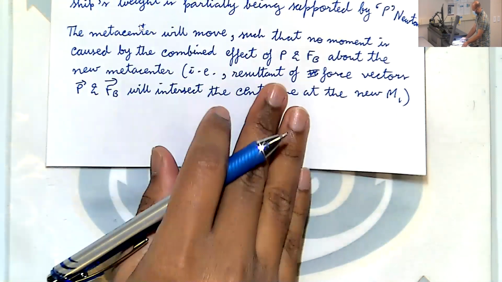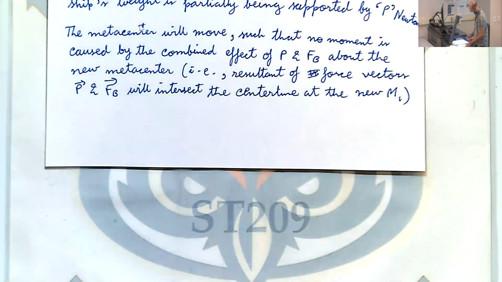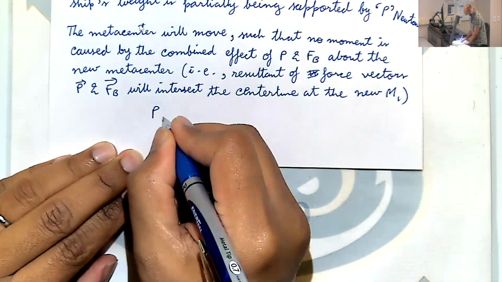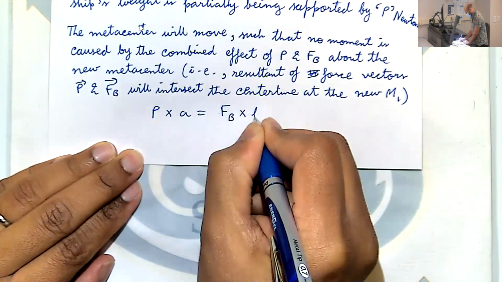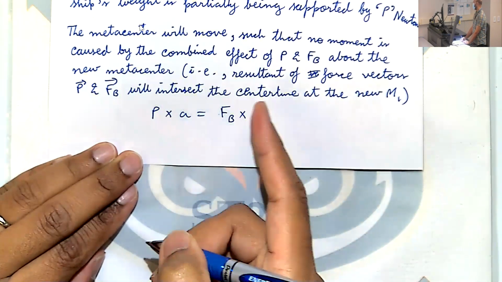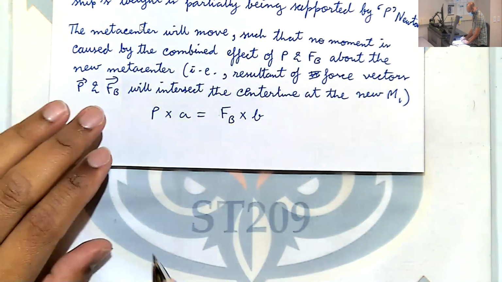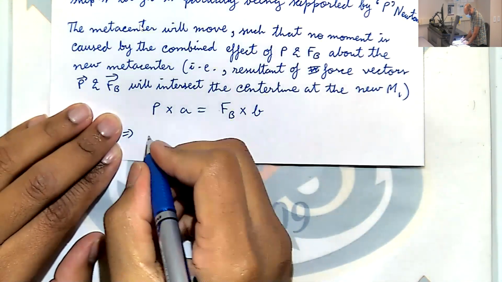So when we write this statement mathematically, this just gives us P times a is equal to FB times b, right? Clockwise moment has to be exactly equal to anticlockwise. Okay, so a and b, we can use just trigonometry.